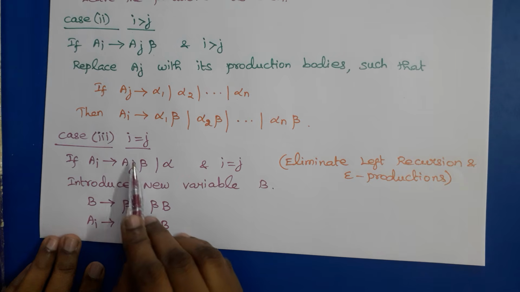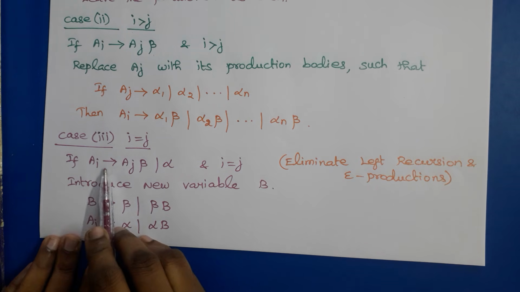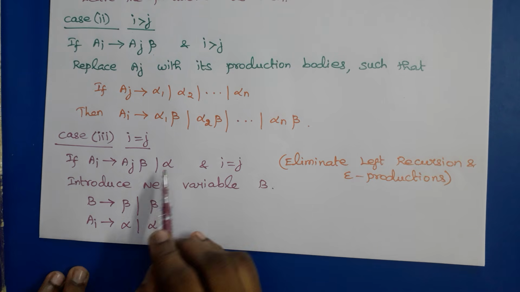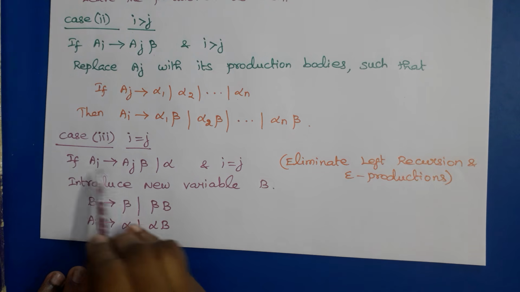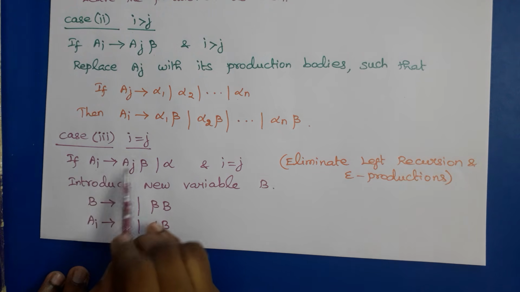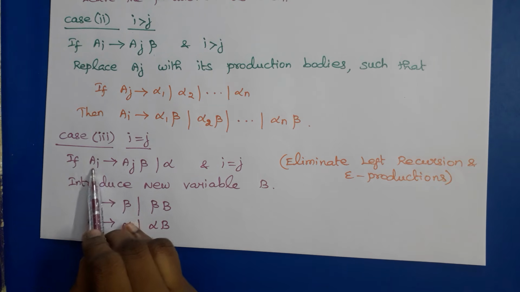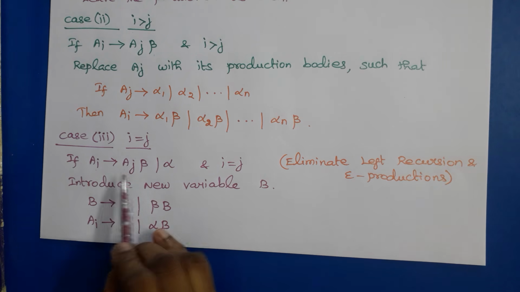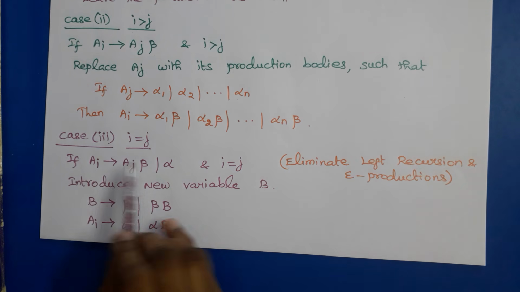Then the last case is i equal to j. So if Ai tends to Aj beta bar alpha, suppose we have a production like this and it is the i equal to j case, the symbol on the left side of the production as well as the first symbol on the right side are both the same. Here we may get A2, here also A2. So this production is called a left recursive production.